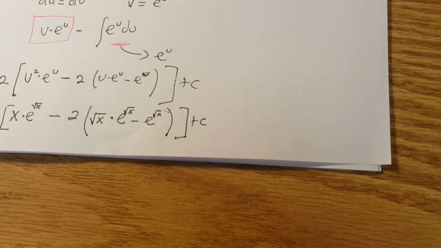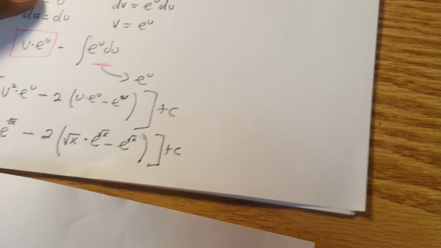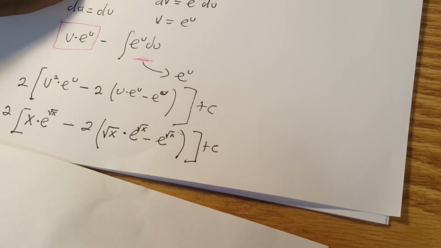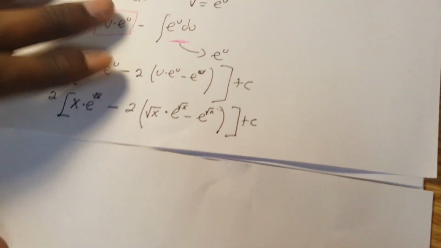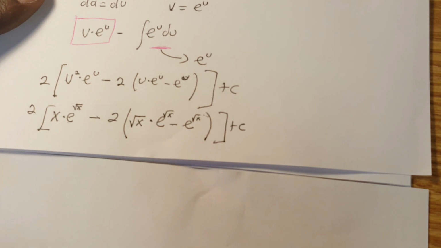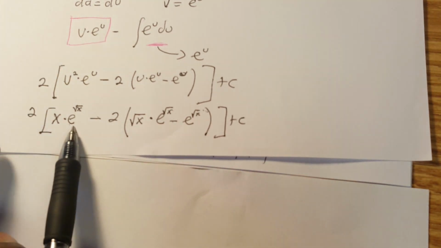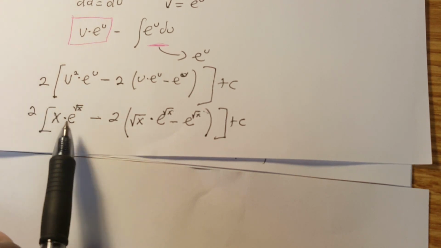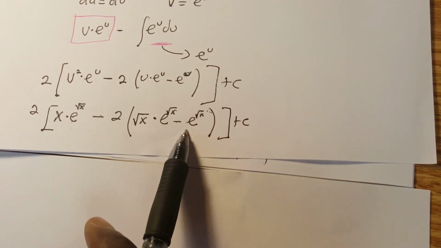So we can go one step further and simplify this, but this is actually the answer, but we can go ahead and do a little more simplification. So at this point we will see that we have e to the power root of x here, we have the same thing here, and we have the same thing there.